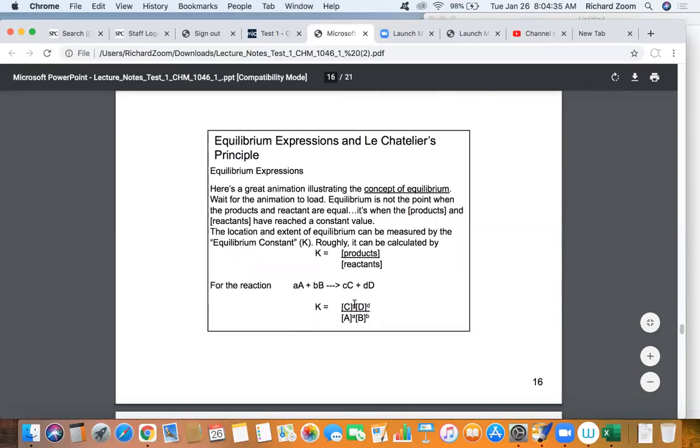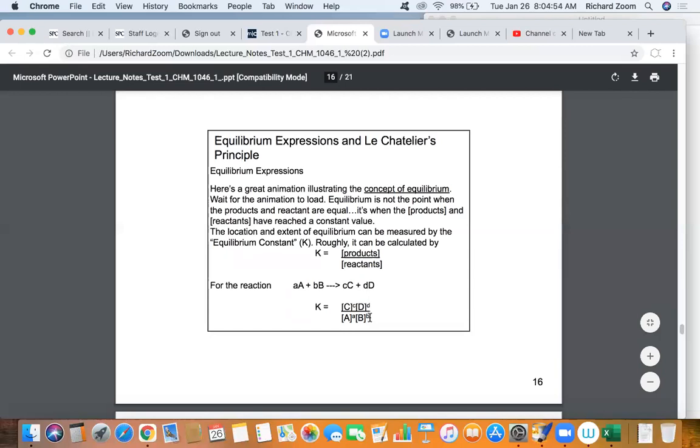Effectively, you're multiplying all the concentrations on the product side, and putting it over the product of all of the reactant concentrations multiplied together. And that's really all it is.